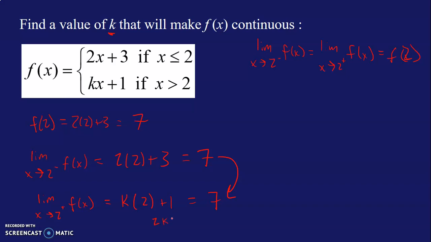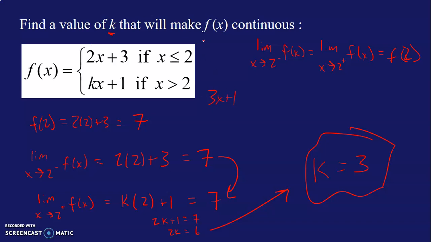So 2k plus 1 equals 7, 2k equals 6. So the value of k that makes this function continuous would be k equals 3. So if this original function had been 3x plus 1, then they both would have met at the point (2, 7).